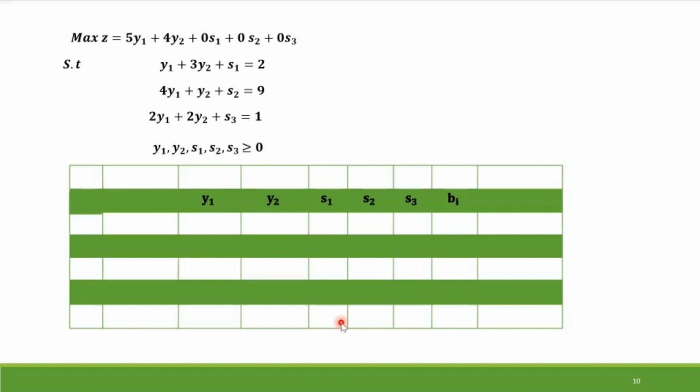Then writing the coefficients of all these variables from each of these constraints. So first constraint coefficients will be the first row. So 1, then we have 3, then we have 1, S2 coefficient is 0, S3 coefficient is 0, bi is the, what is that?